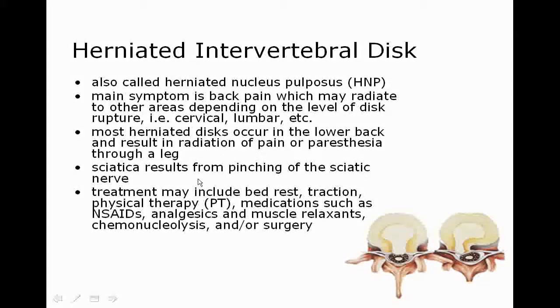Sciatica, which I'll be talking about in detail in one of the next slides. When a person has a herniated nucleus pulposus, it might put pressure on the sciatic nerve, which causes the radiating pain down a leg, usually just down one leg.